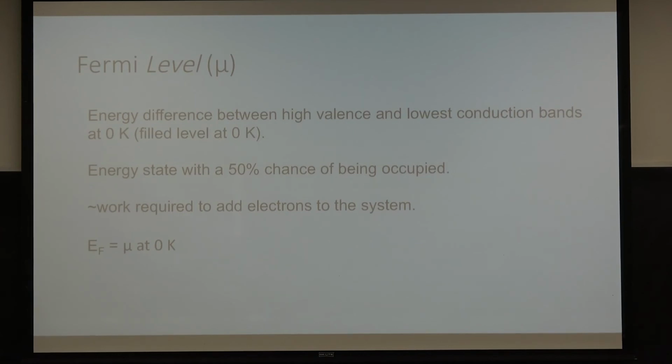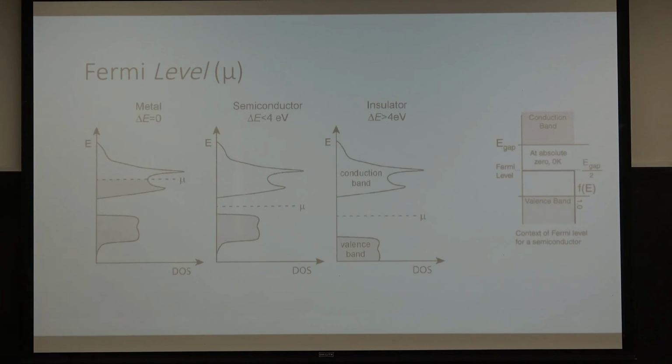So the Fermi energy is always 1/2 of the band gap. The Fermi level is this energy difference between the highest valence and the lowest conduction band at 0K. It's the energy state with a 50% chance of being occupied. So let's look at it graphically, maybe that will help.